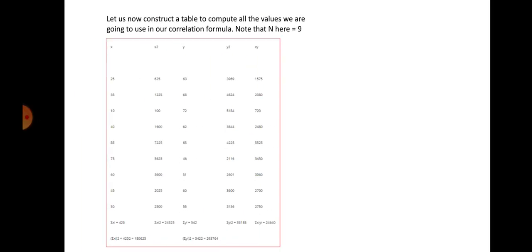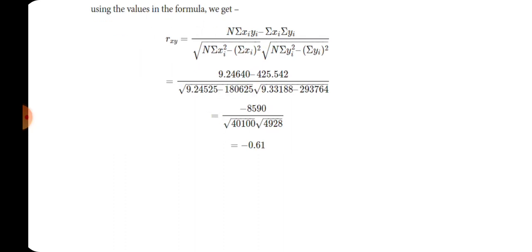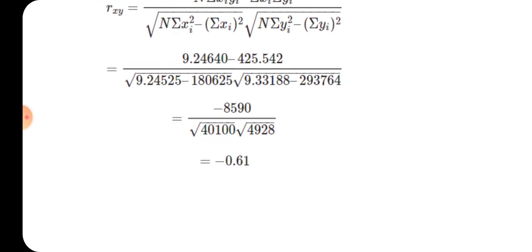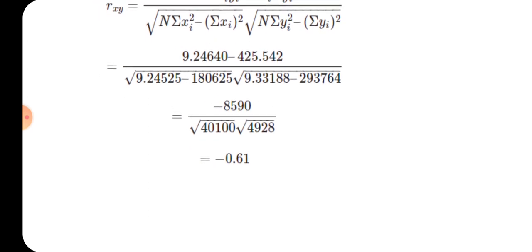Now these values are 9 into 24,640 minus 425 into 542 in the numerator, divided by the square root of 9 into 24,525 minus 180,625, into 9 into 33,188 minus 293,764.